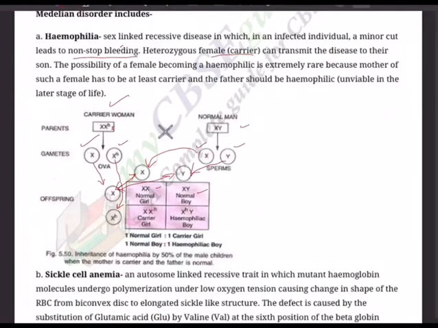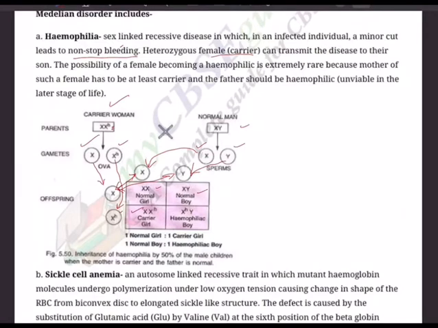So no problem, a normal girl, a normal boy. But the problem comes when the X chromosome having the hemophilic gene combines with this, and still girls are lucky. It is only a carrier girl.